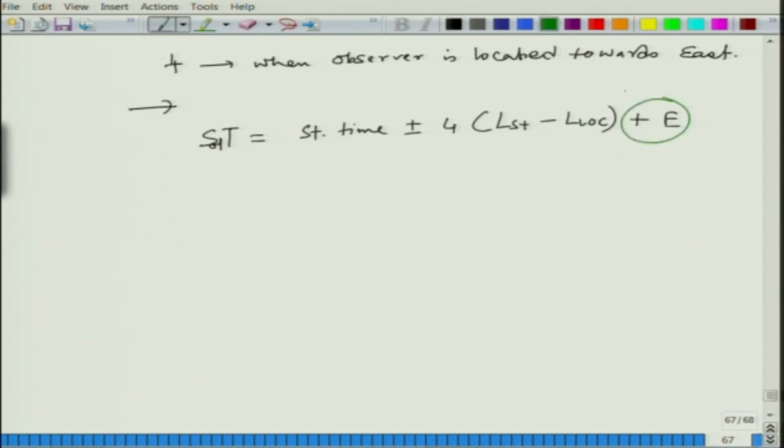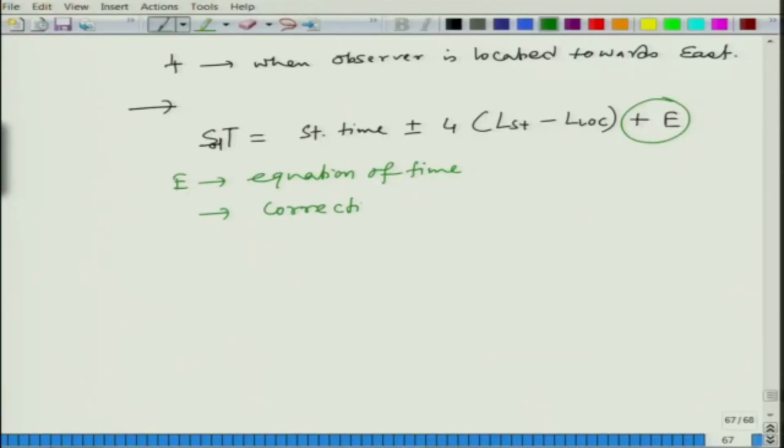Now, we have not talked about this E. E is called equation of time, which is nothing but a correction factor that we need to add to this equation. So, this is a correction factor which incorporates the variation in day length.